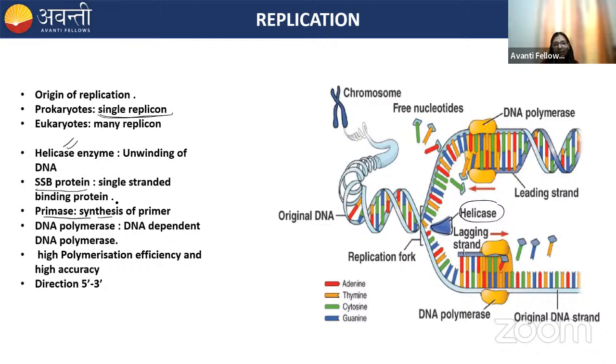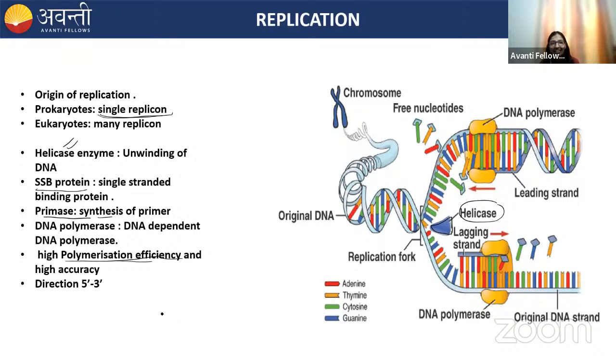So the DNA polymerase will start adding nucleotides to the newly synthesized strand, and they form a polynucleotide chain. This DNA polymerase has high polymerization efficiency. For example, in E. coli, the DNA polymerase has a polymerization efficiency of 2000 base pairs per second.